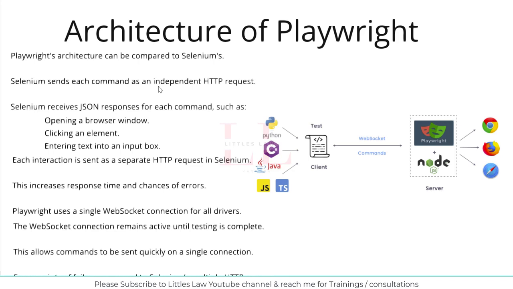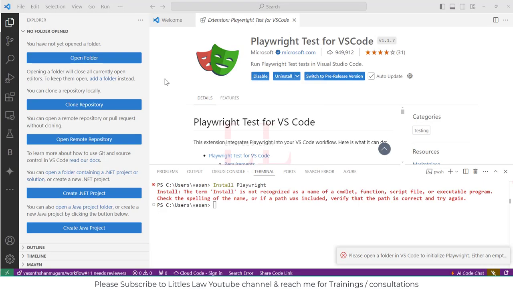So this allows the commands to be sent quickly on a single connection, which reduces the point of failure. So again, Playwright is more compatible in terms of communicating with the web drivers through the WebSockets. So now we'll move on to the next step.